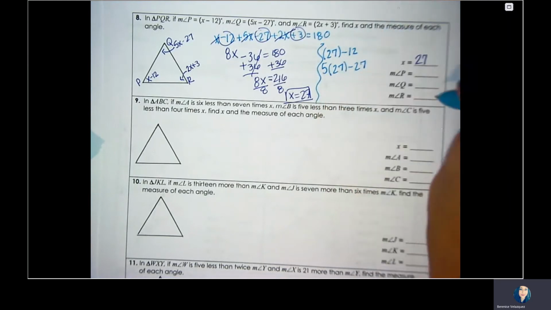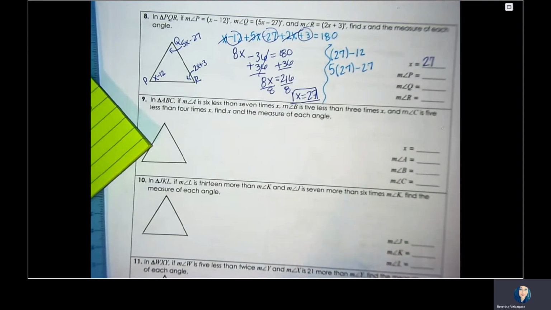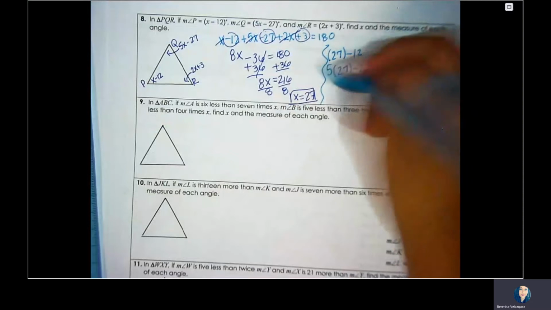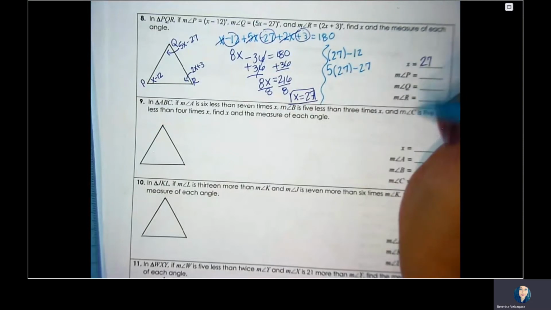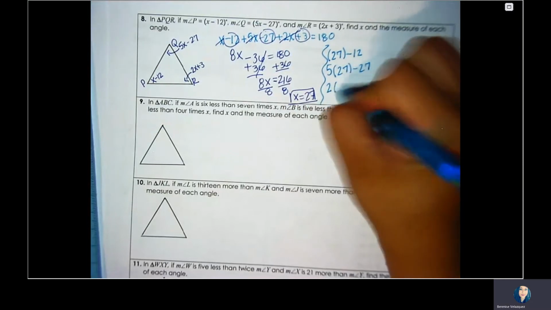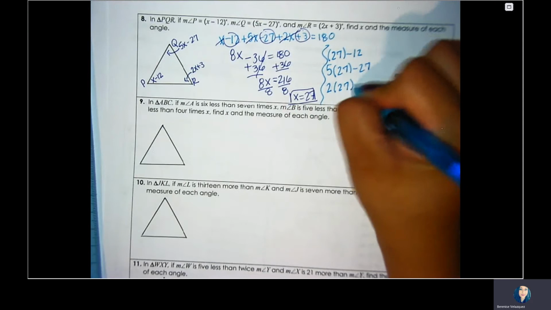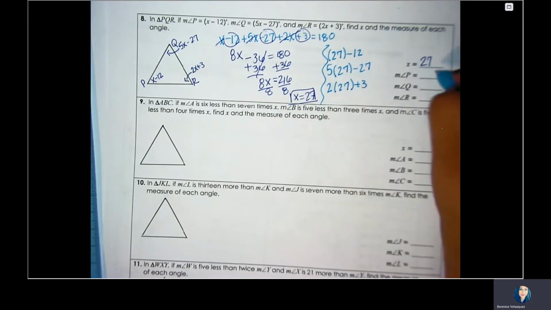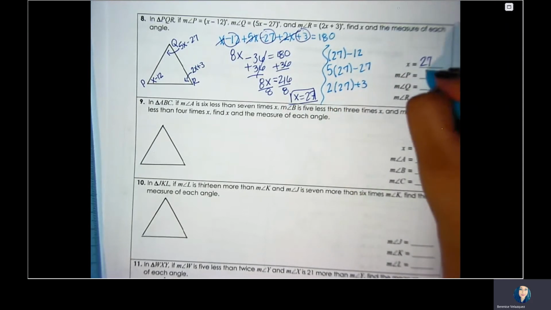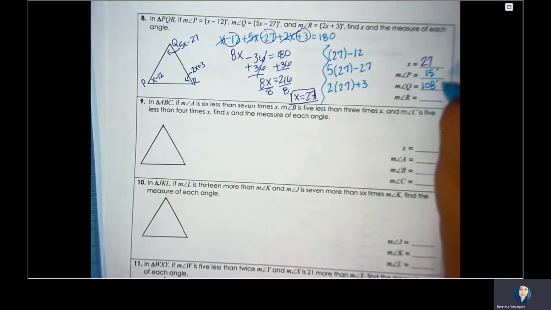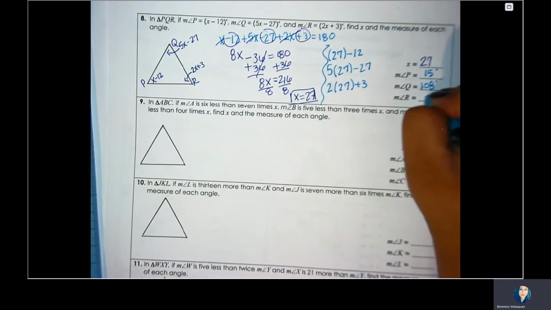And then the last one I plug it into is R. 2 times 27 plus 3. Okay, put those into the calculator and you're going to get 15 degrees for the first one. You're going to get 108 for the next one. And the last one is 57.